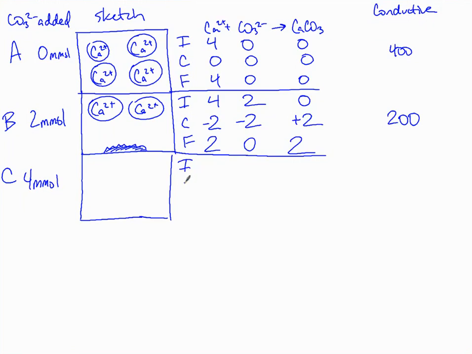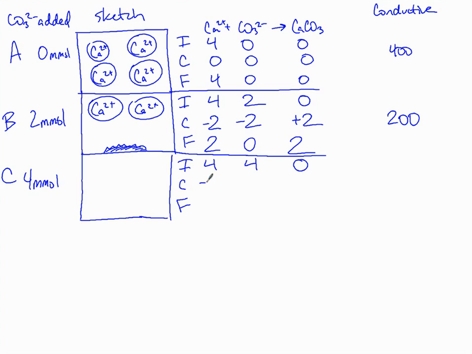So beginning with our chart, we have 4 calciums and we have 0 solid calcium carbonates. It says we are adding 4 millimoles of this carbonate ion. So your chart in the initial reads 4, 4, and 0. The one with the least number is what we subtract by, but they are the same.